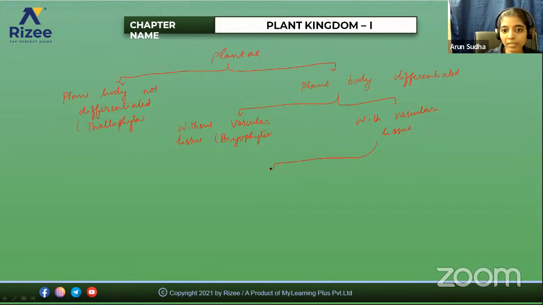And under with vascular tissue, we can classify it into seeds not produced. So this includes pteridophytes.